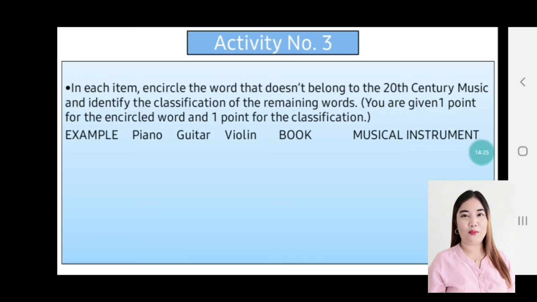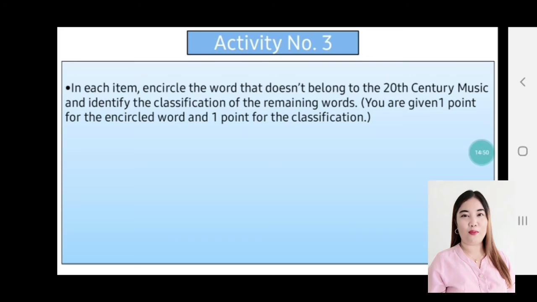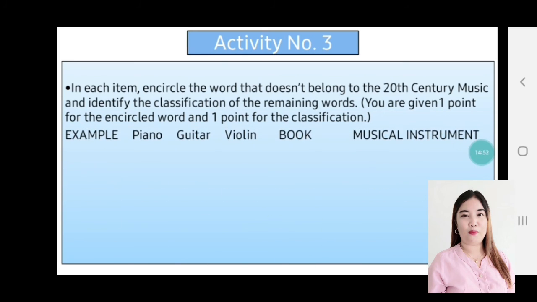Piano, guitar, violin, book. Okay, so which is the unique word? The unique word here in the example is the word book. So you're going to encircle this word. Then after that, you are going to classify the remaining 3 words: piano, guitar, and violin.